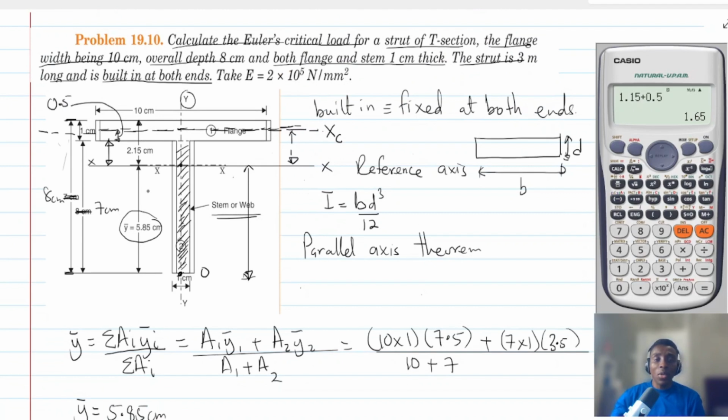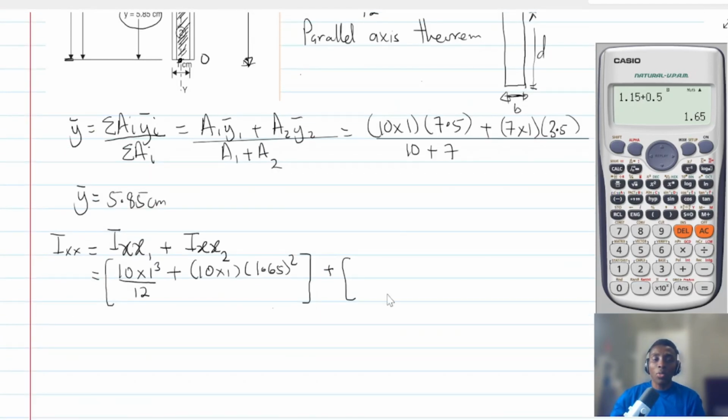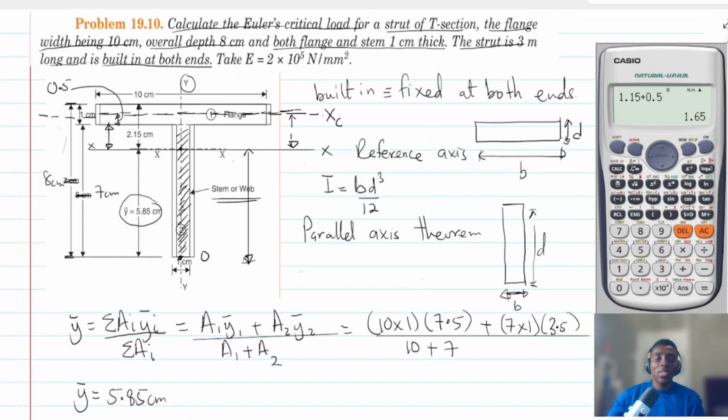So if I look at this term, the B will be this side, and then the D will be this side. So it's going to be 1 multiplied by 7 cube out of 12. And then we are going to do the same parallel axis as this.